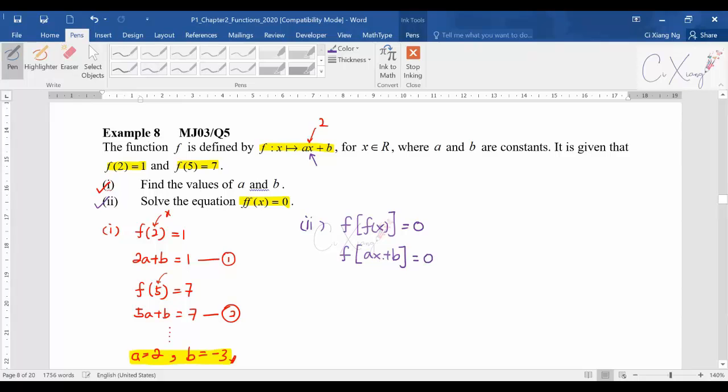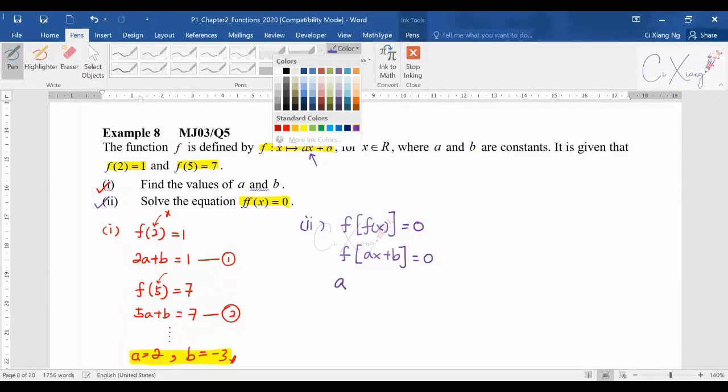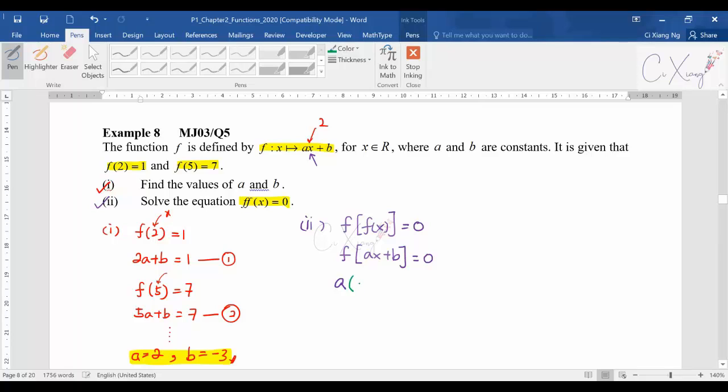So you need to substitute ax plus b into the x in the function f. If you continue, you will have a, and the x now you substitute with ax plus b. The original equation is ax plus b, so you're having a, this green color thing is x, then plus b, and it equals 0 after you substitute it.